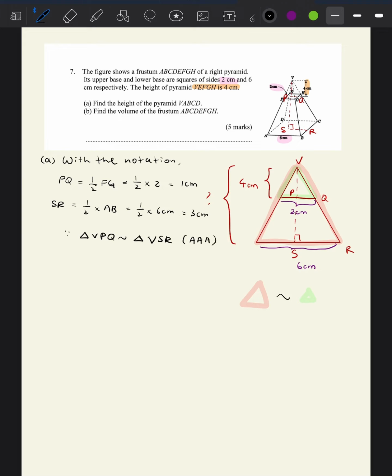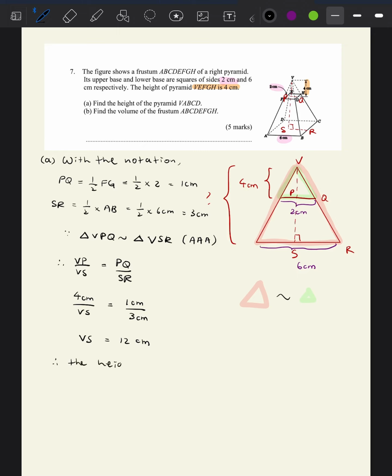Because all the angles are the same, we can compare the lengths. So VP to VS equals, the ratios are the same for the different lengths. So PQ to SR should equal VP to VS. So 4 cm to VS, which is the height we don't know yet, and then 1 cm to 3 cm. And therefore, VS equals 12 cm.